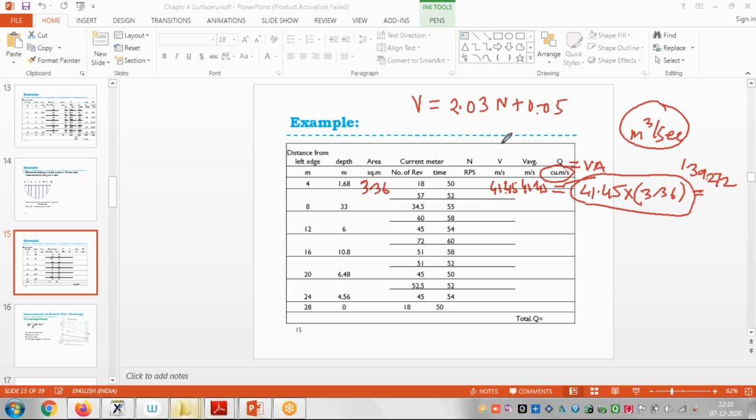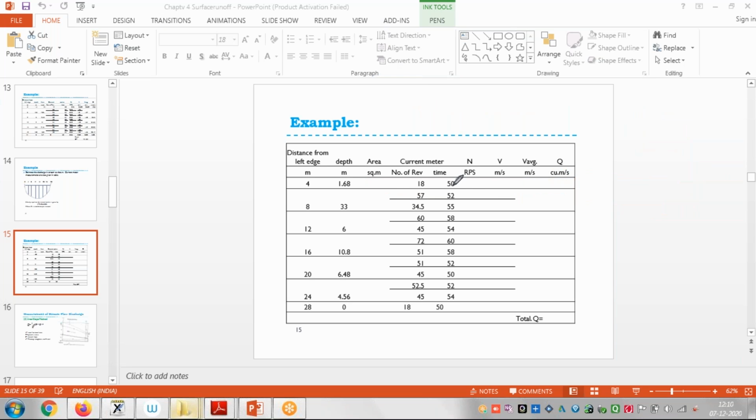Now next is what? Okay, here again I am deleting this because here the very small spaces are available. Now next is this is 57. Put this 57 here and tell me the velocity here. What would be the velocity? 2.03 into 57 plus 0.05.